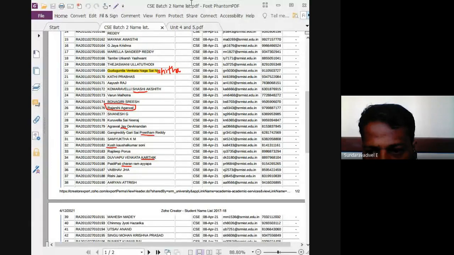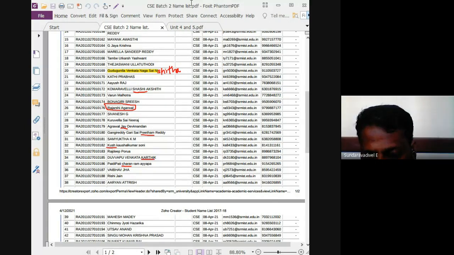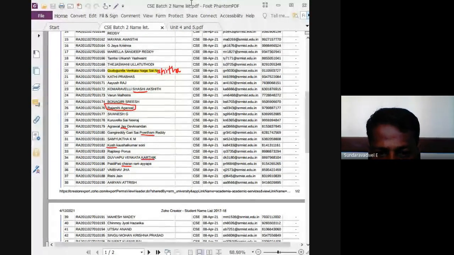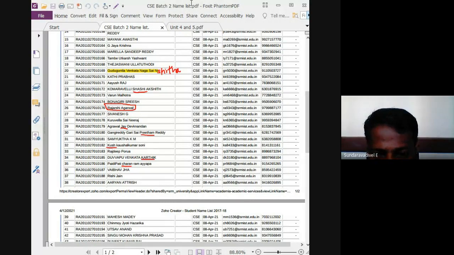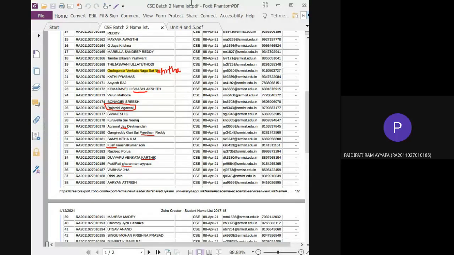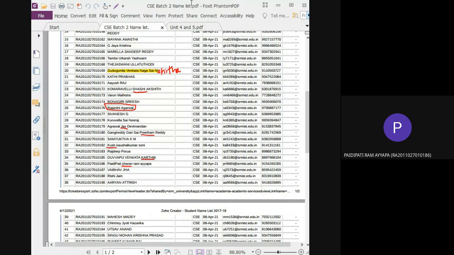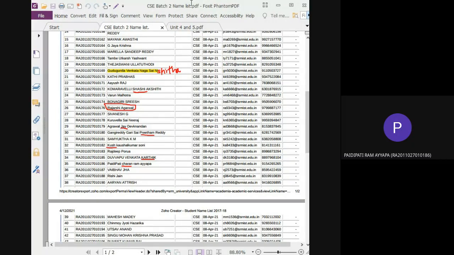Samyukta, present, sir. Kush, present, sir. Rajdeep, present, sir. Karthik, present, sir. Sharan, present, sir. Both are present, sir.